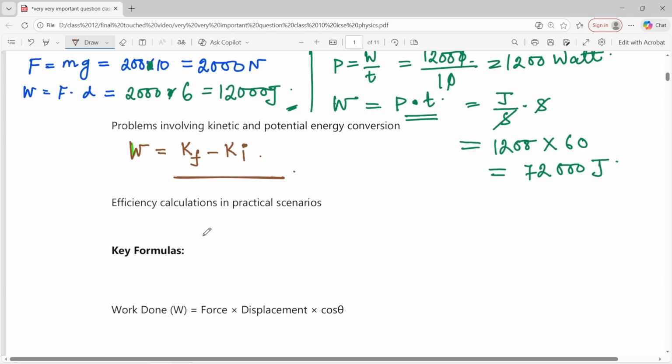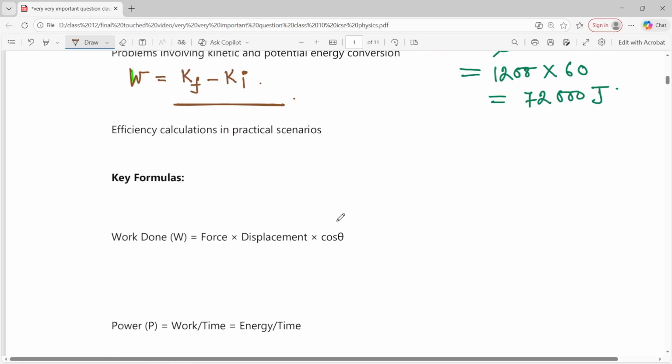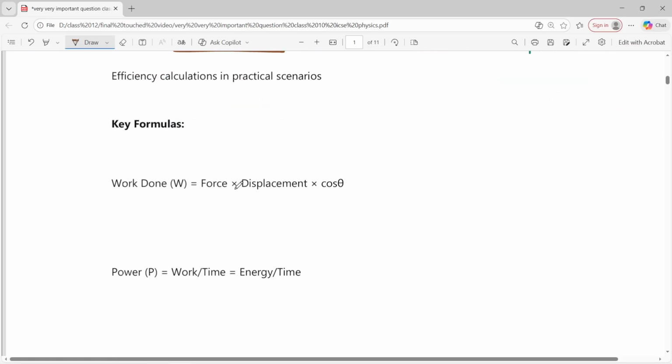Efficiency calculation in practical scenarios is very important. Here are the formulas: work done equals force into displacement. Force and displacement are vector quantities, so there's cos theta, where theta is the angle between force and displacement. Power is work done by time, or energy by time.